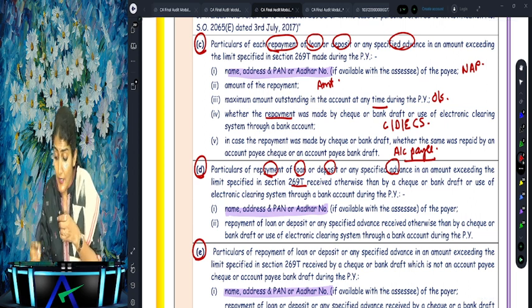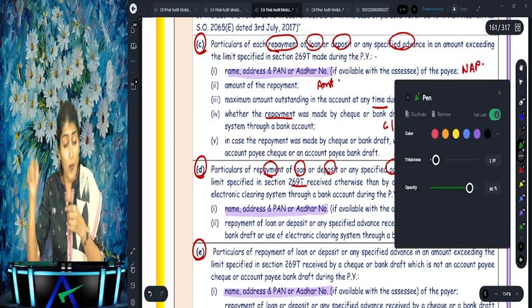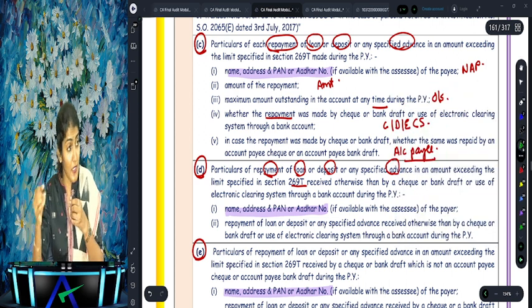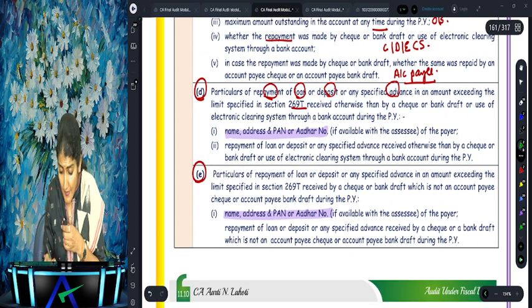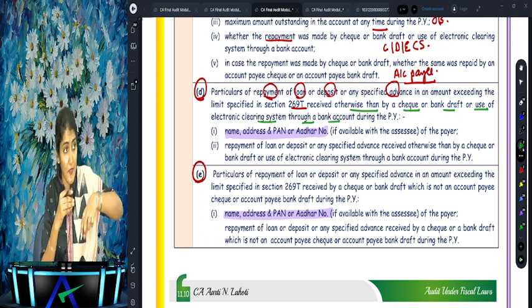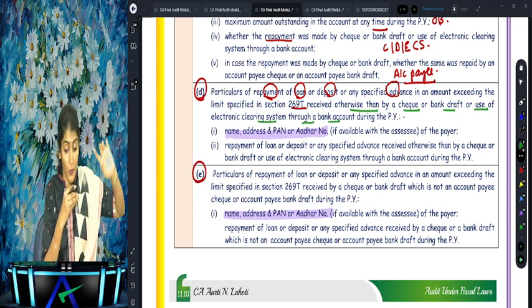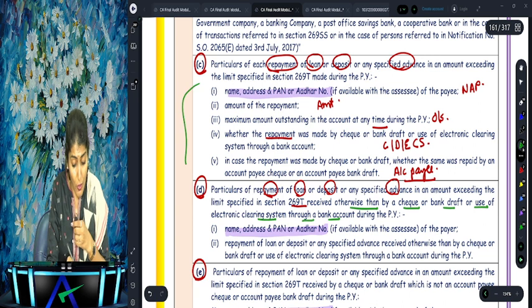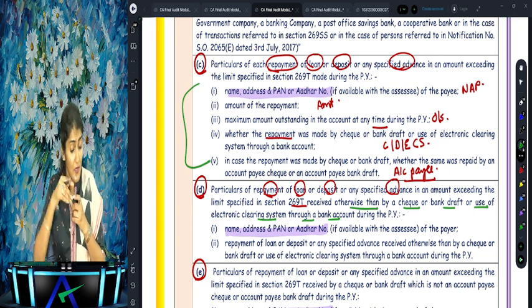But now what they are talking about, okay, this year, right now, you are repaying those loans which originally you had taken in cash, otherwise than by a check, draft or by use of the ECS. So now, which of those loans have you repaid during the previous year, which originally you had taken in cash? So earlier, this is the repayment of all loans, whether taken by cash or by account payee check or draft.